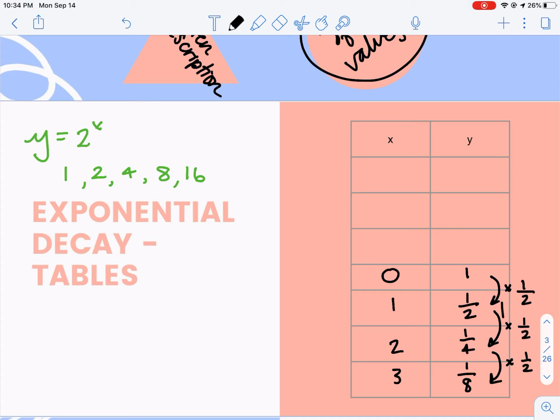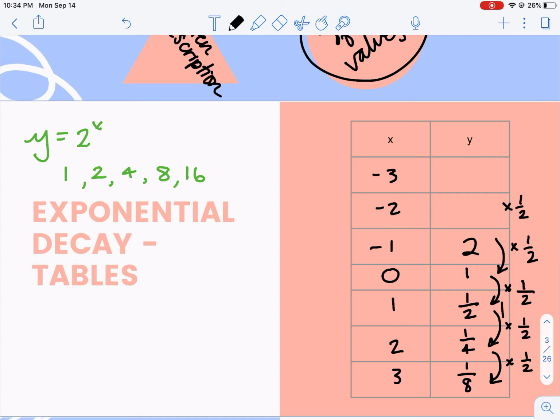So how will I go back up? What number times 1/2 equals 1? Well, 2. Half of 2 is 1. And what number times 1/2 is 2?